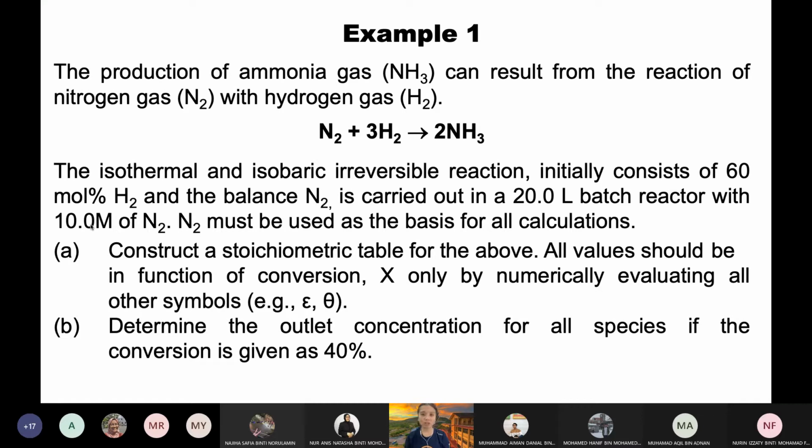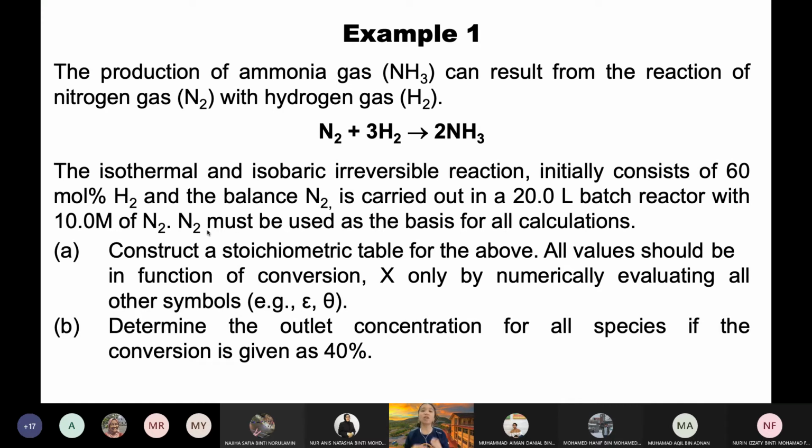Molarity is concentration, so 10 molar is actually 10 mole per liter. Mole per volume is the concentration. Concentration of what? Dia kata concentration of nitrogen gas, which is your A. So it is carried out in a batch reactor with 10 molar of nitrogen gas.